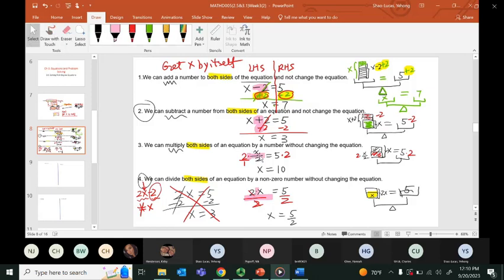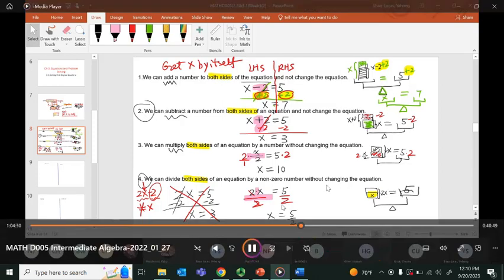If you have division, I do multiplication. If you have multiplication, I do division. Okay, so this is the first rule. You don't always have to do this, but this works most of the time. So that's the first rule: always do the opposite operation to try to reverse it. Okay, questions?